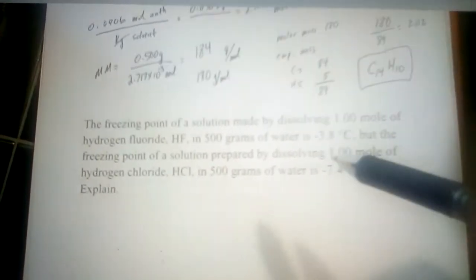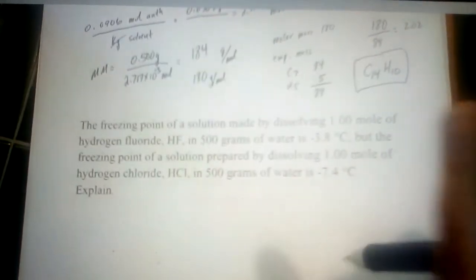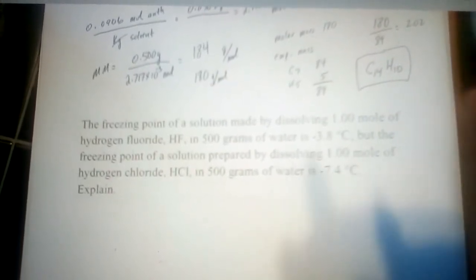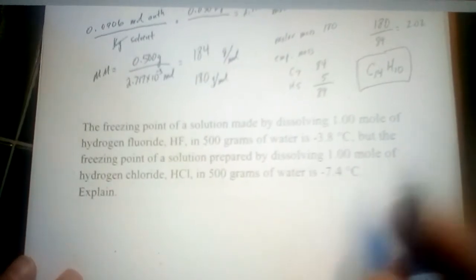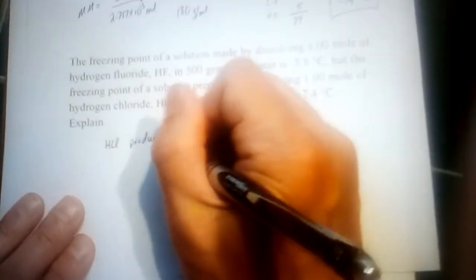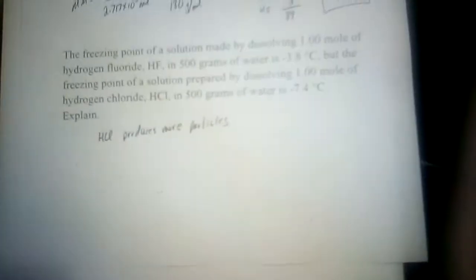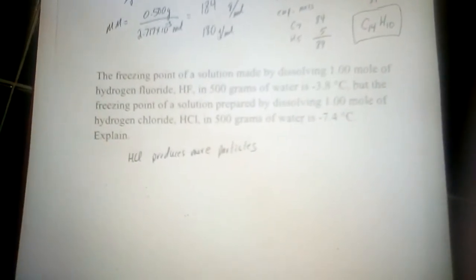The only factor that could cause the temperatures to be different is going to be related to how many particles are in that solution. So since HCl is giving us a bigger temperature change here, HCl must be producing more particles. So when we dissolve HCl in water, it must be making more particles.